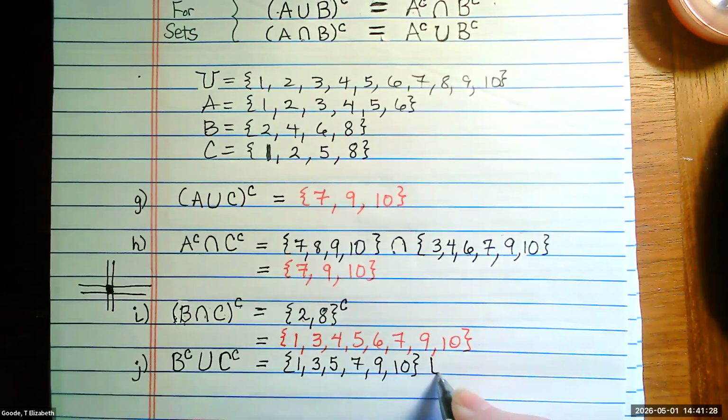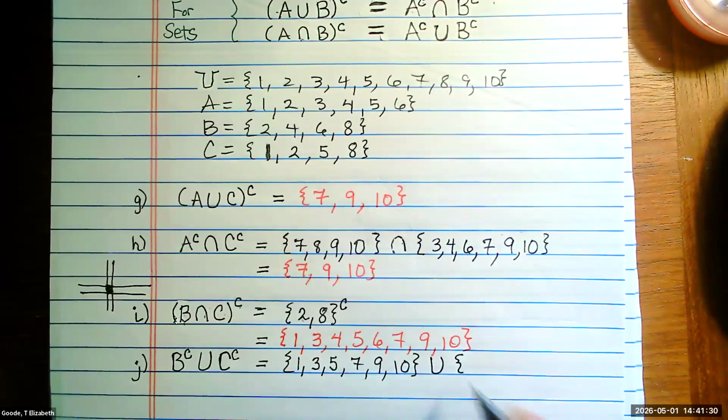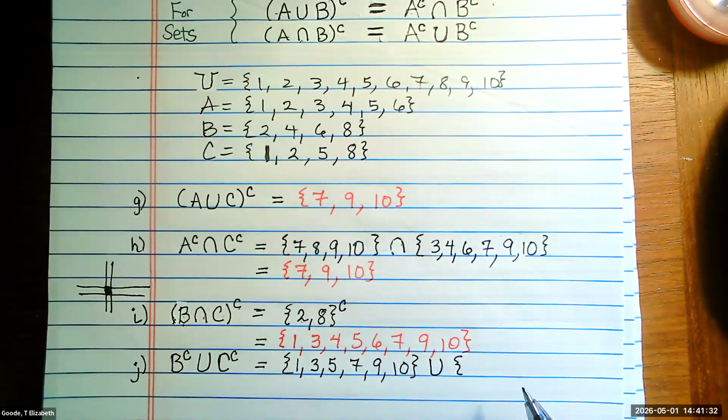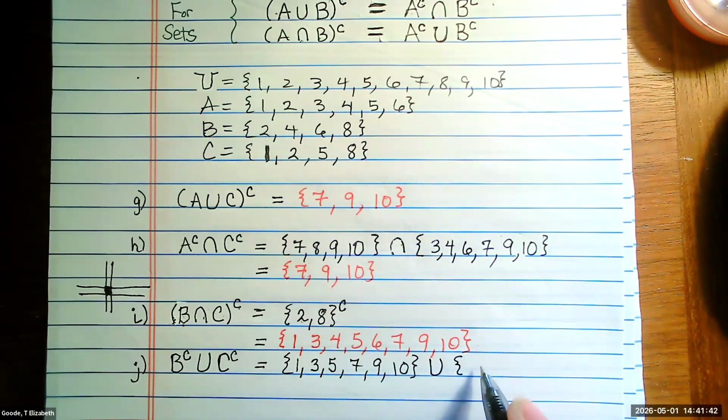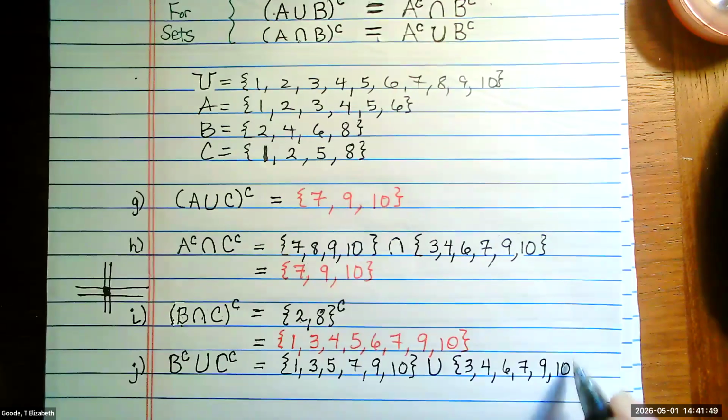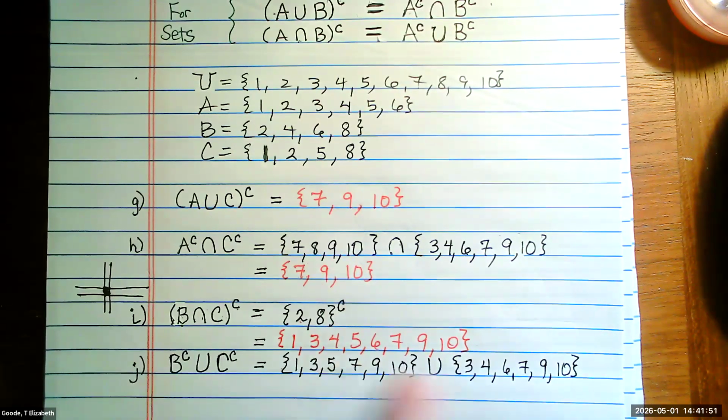And now we're going to union that with C complement. So what is C complement? It's going to be everything that's in the universe, but not in C, which means it's going to be 3, 4, 6, 7, 9, and 10. And now we're going to take the union of these two sets.